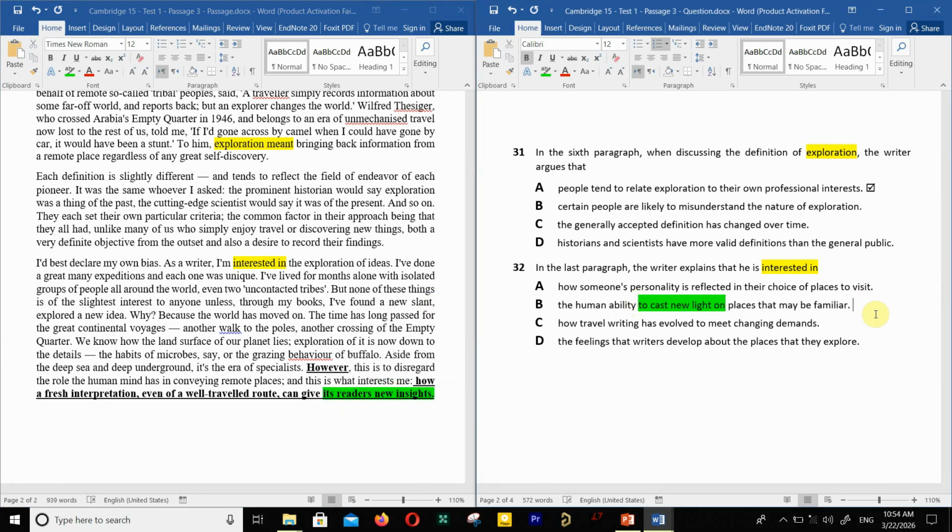So option B. And of course it is kind of hard to find the answer because you had to go through all the paragraphs to the last sentence. So this really needs your reading comprehension skills. This is not just easily finding the answer. You had to increase your speed to understand the passage.